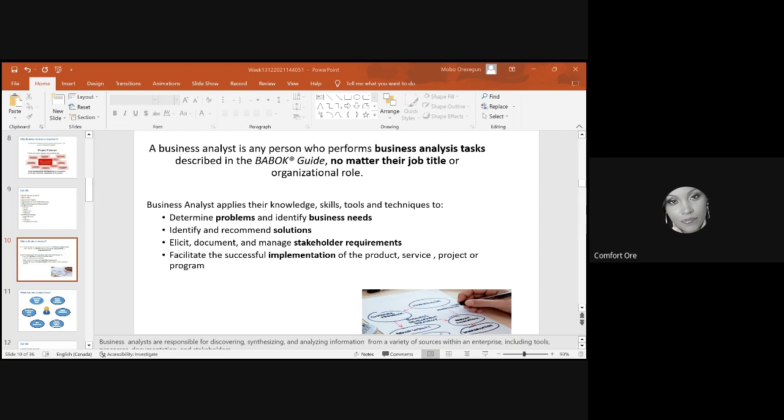So that's business architecture. Business systems analyst, basically you're more on the technical side. So what you need to understand is the back end of the projects.